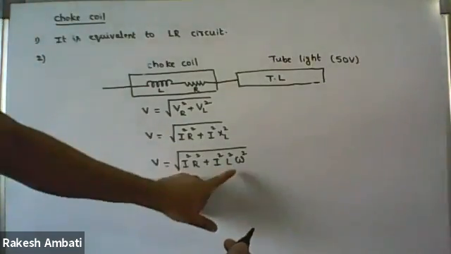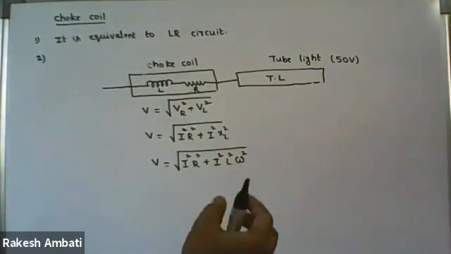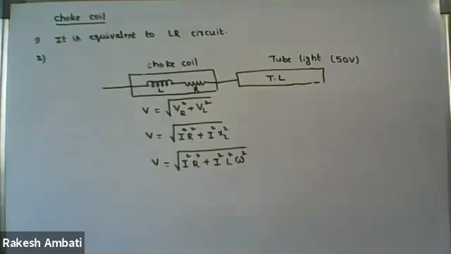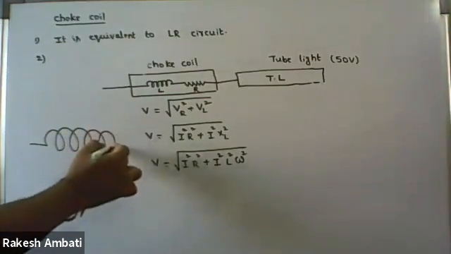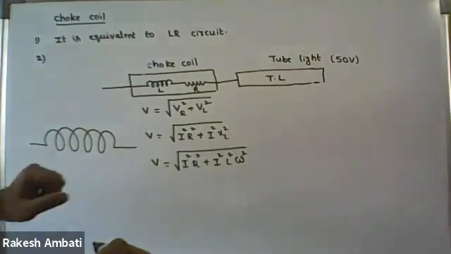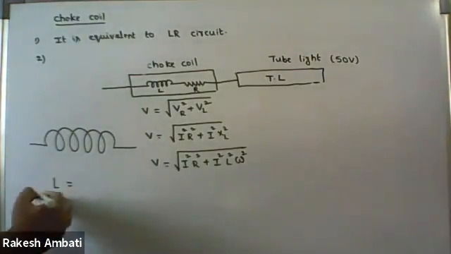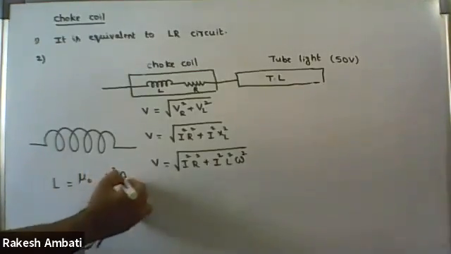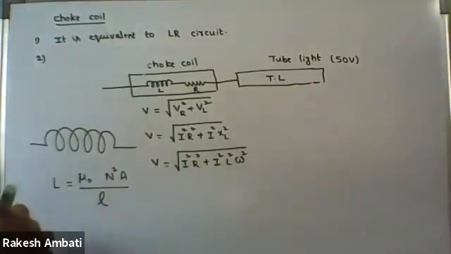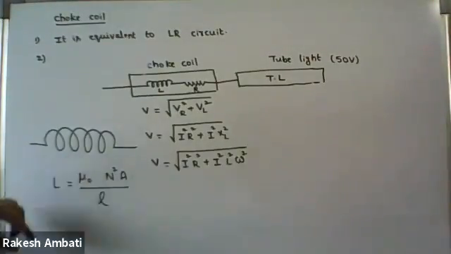If inductance is high, how do we increase inductance? In the previous chapter I told you one way to increase inductance. If we have a coil, for example, I'm taking a solenoid. In the case of a solenoid, how to find the self inductance? L equals mu naught n square A upon l. So how to increase this inductance? Soft iron core. Correct, perfect.